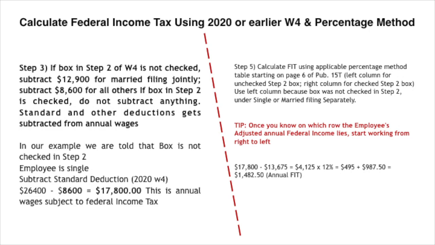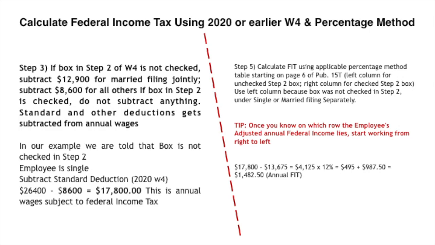Now the next step is step 4. If the box in step 2 of the W-4 is not checked, then subtract 12,900 for married filing jointly and 8,600 for all other statuses. If the box in step 2 is checked, do not subtract anything. In our example, we are told that the box is not checked in step 2 and the employee is single, and the W-4 that he has submitted is from 2020.